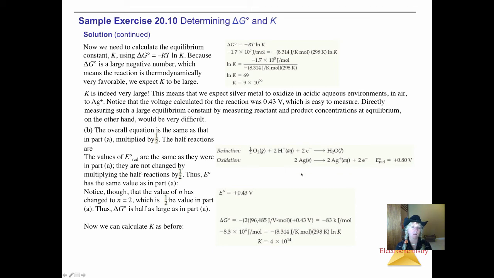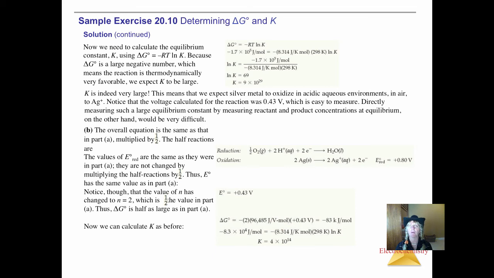But it doesn't take too much to think about what did change, and what did change was here, the number of moles of electrons. So when you are plugging that into delta G equals negative N times F times E, the N changed. The Faraday's constant stayed the same, and the voltage of the cell stayed the same. So the value that you should get is going to be less than before, negative 83 kilojoules per mole.